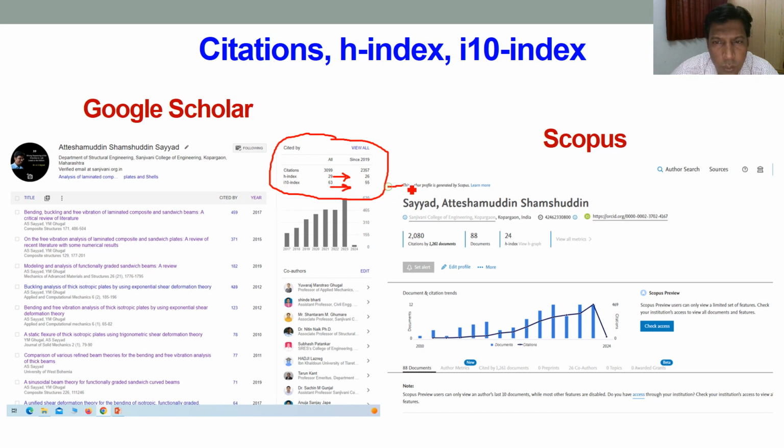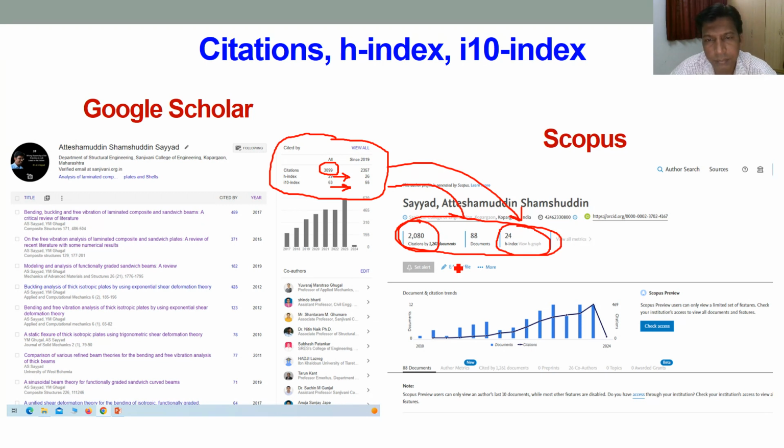But if you compare this with the Scopus profile, you will see that H index is 24. It means I have 24 papers with more than 24 citations. So 29 and 24 do not match because Google Scholar considers all types of citations, whereas Scopus considers only Scopus or Web of Science indexed citations. That's why this number will always differ. Here citations are 3099, here citations are 2080, because these 2080 are only from indexed journals in Scopus and Web of Science.